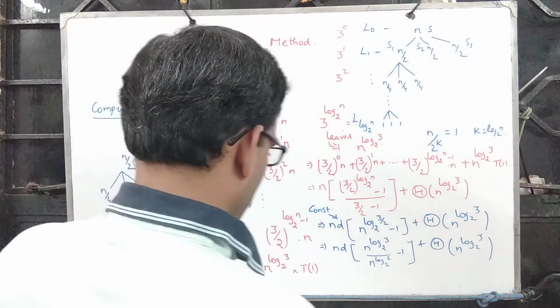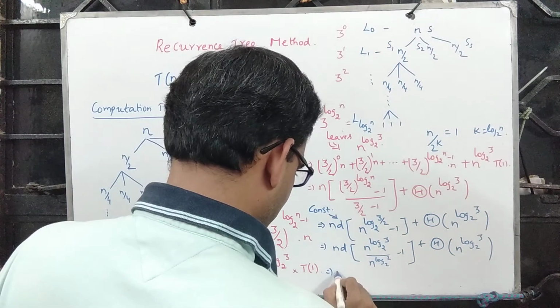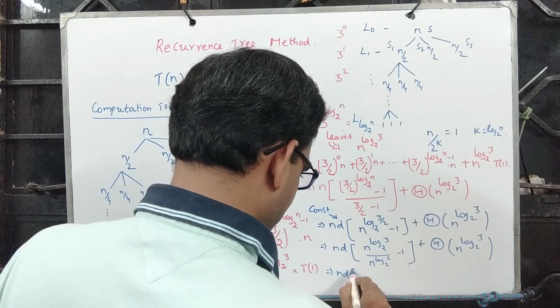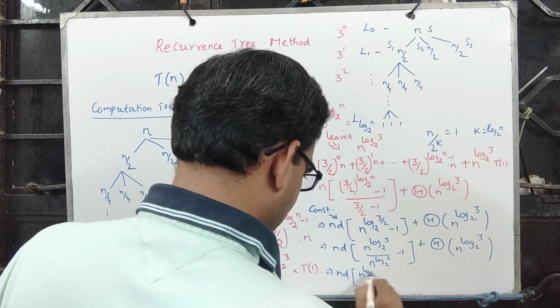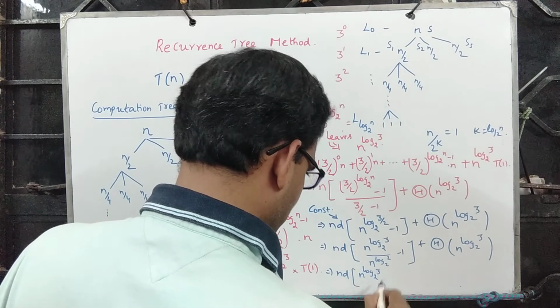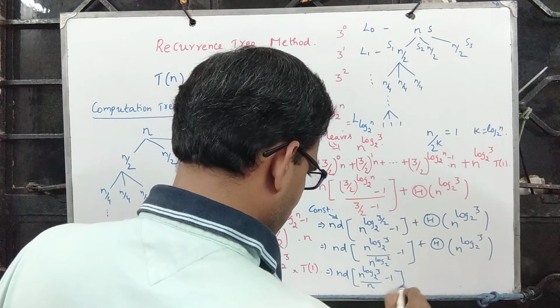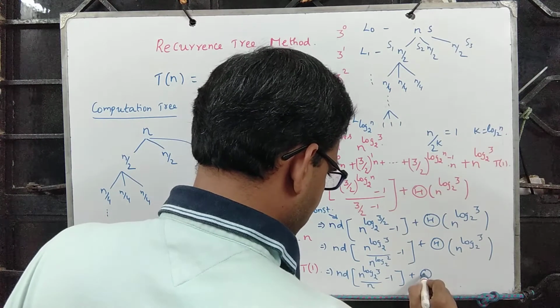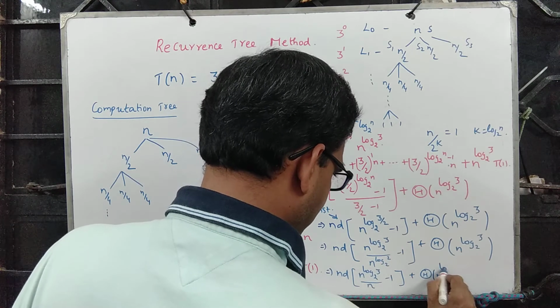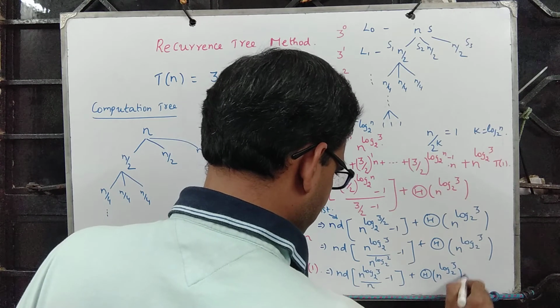Fine. So what is this value? This value is nd times n to the power log 3 base 2 divided by n minus 1, plus theta of n to the power log 3 base 2.